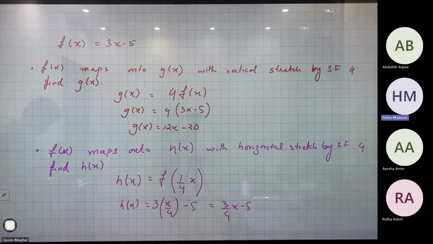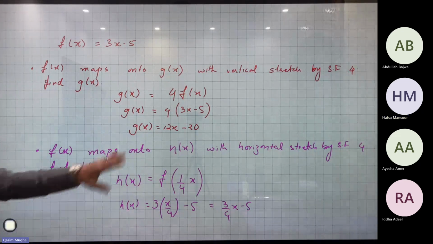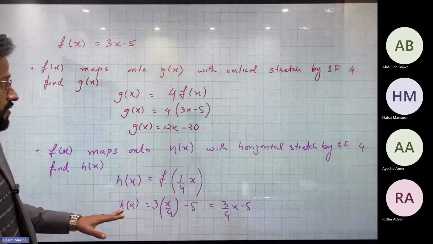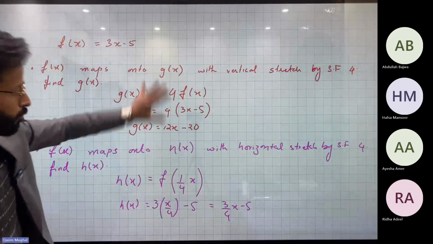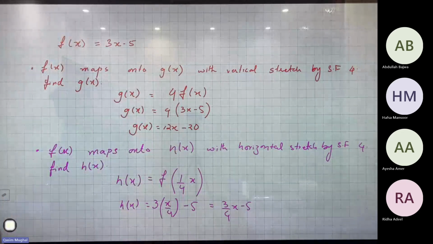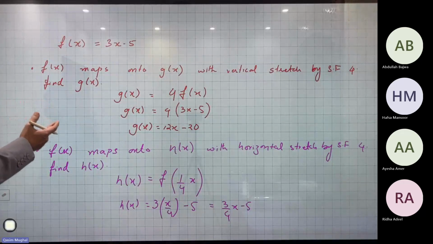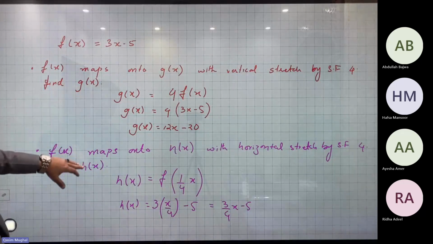Sir, if we apply stretch from both sides, what if it's a horizontal and vertical stretch at the same time? Yes, we can do that. The process stays exactly the same. For example, you want to do both at the same time. Let's suppose this is g, this is h.